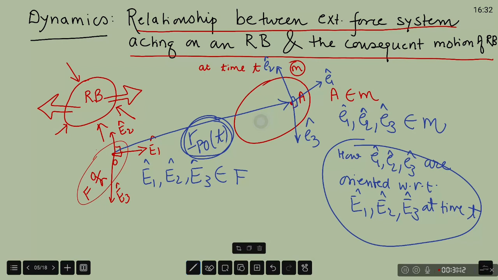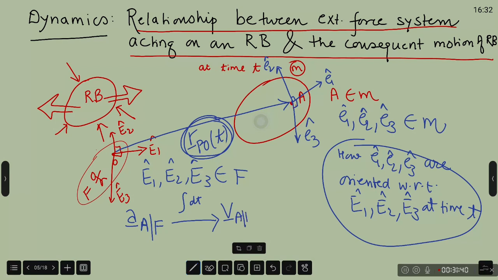Now, somehow if I know AAF, what is AAF? Acceleration of point A with respect to frame F. If somehow I know AAF, I can time integrate it to get VAF.